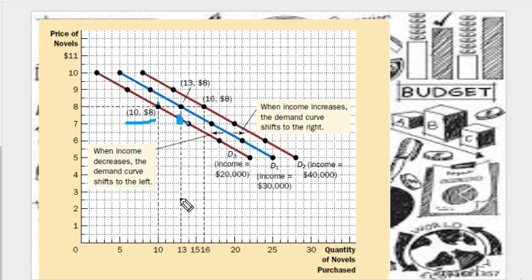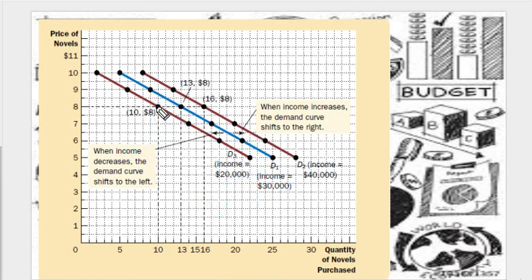So what is this? This is 10, 8, and this is 14, 7. So from 10, 8 and 14, 7, what is the slope?